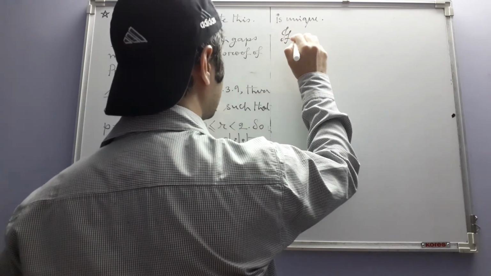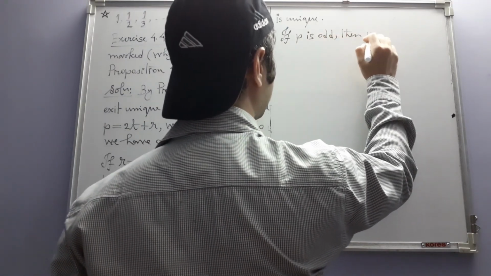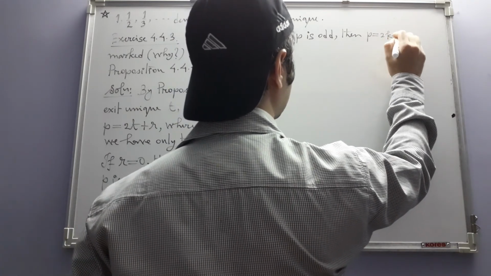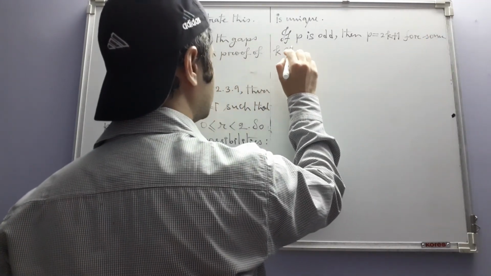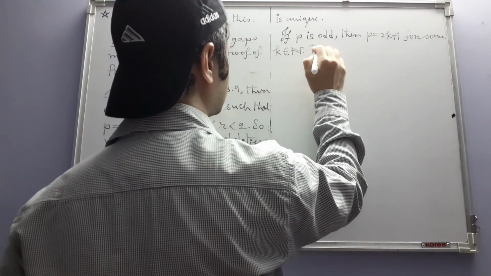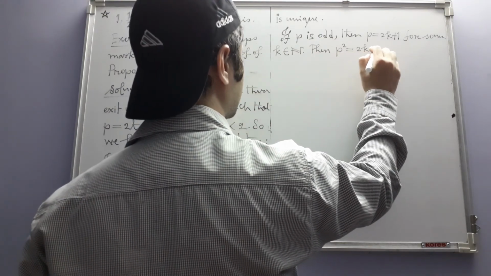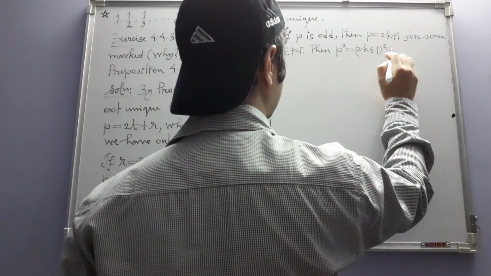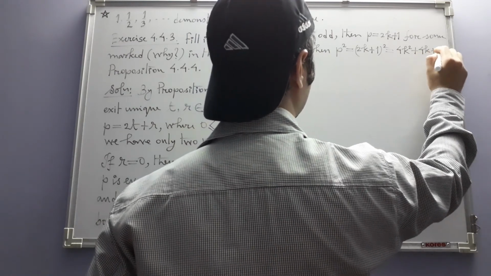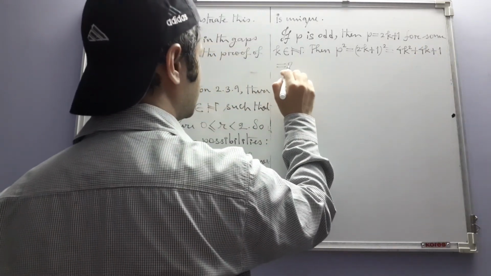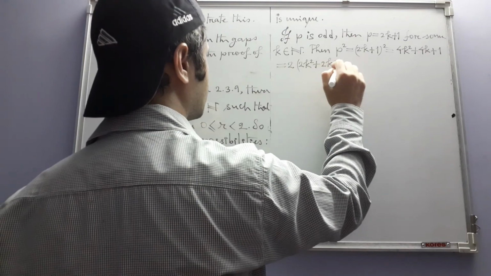If p is odd, then p is equal to 2k plus 1 for some k belonging to N. Then p squared is (2k plus 1) whole squared, that turns out to be equal to 4k squared plus 4k plus 1, and that becomes 2 times (2k squared plus 2k) plus 1.